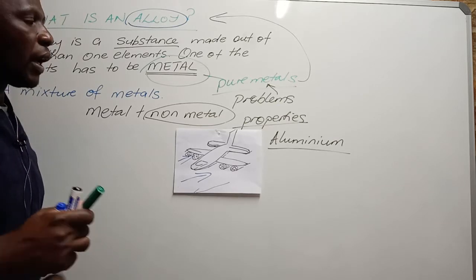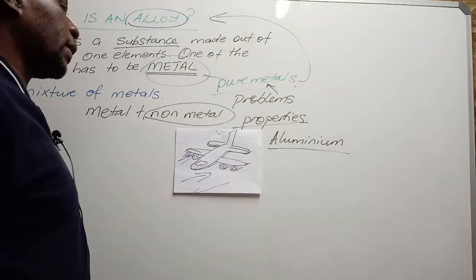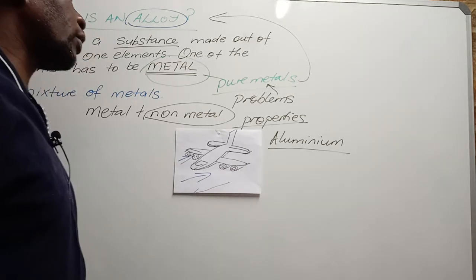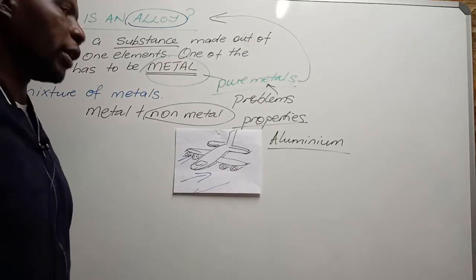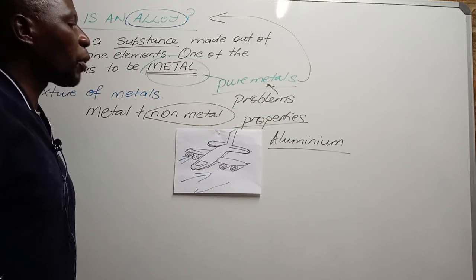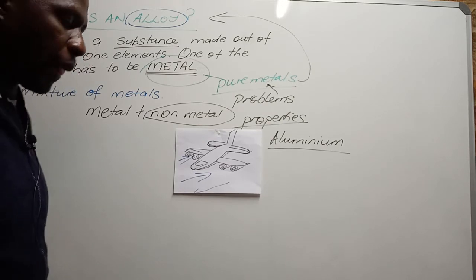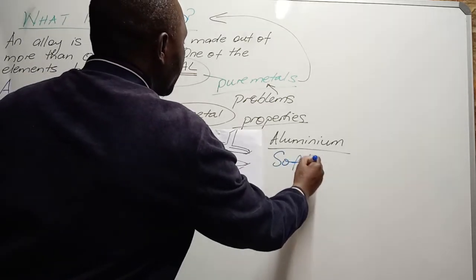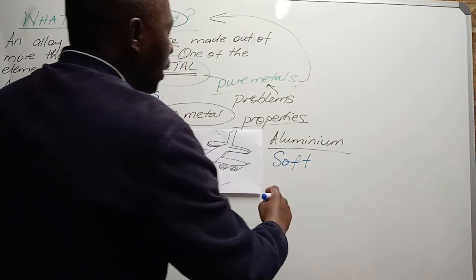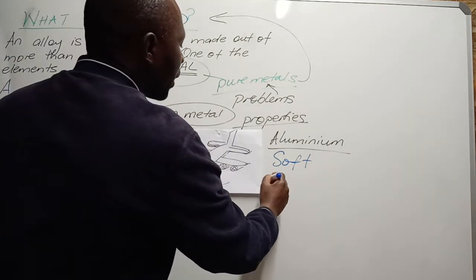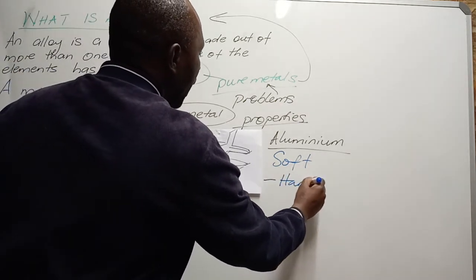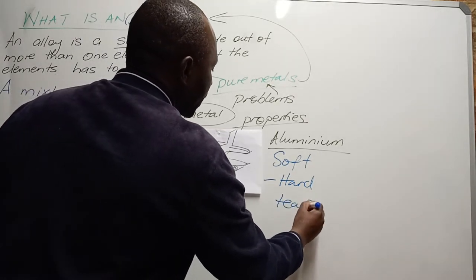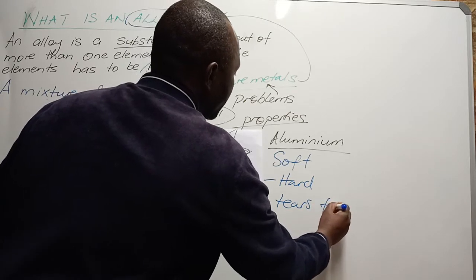However, aluminium has got its weak properties. Remember, every material has got strong properties as well as weak properties. The weak properties of aluminium are that it is soft, it is not hard, and also it tears fast.